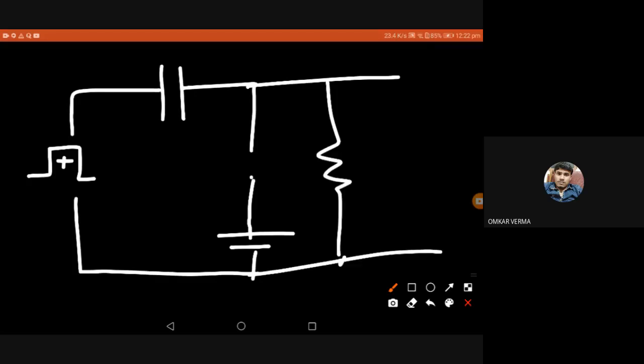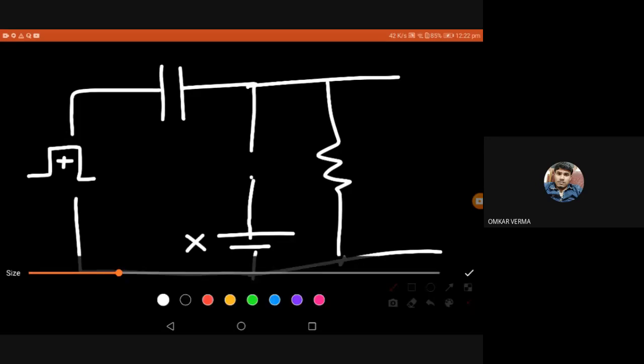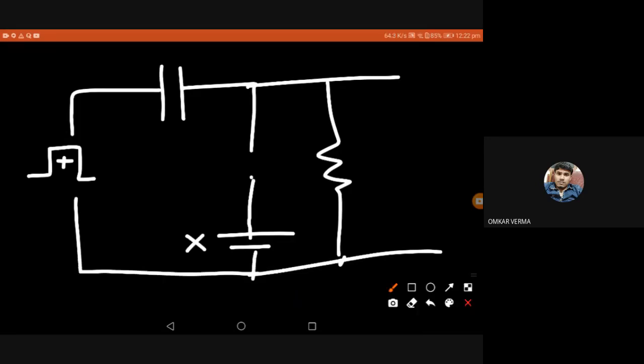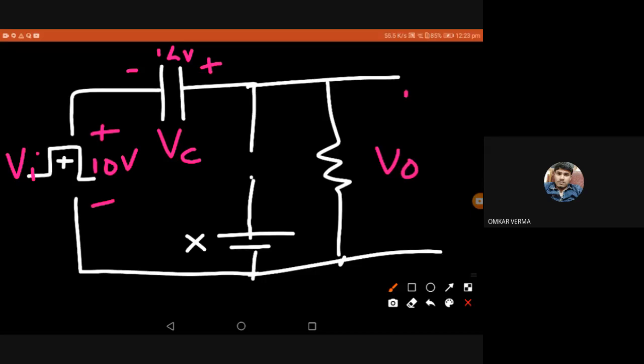There is no need to consider this VB. So what is the charge across the capacitor? Minus plus 14 volt. And the input is plus minus 10 volt. So we have V input and V output. I'll assume the convention plus minus for V0 because I don't know the sign.